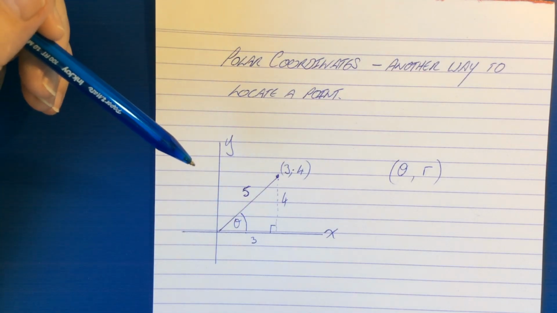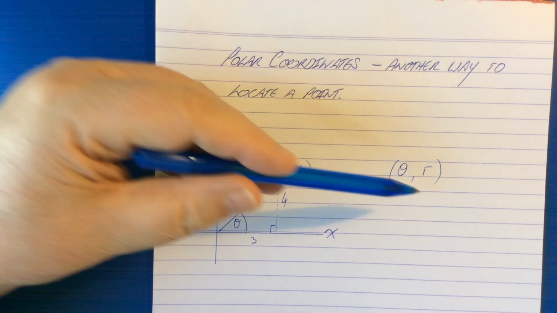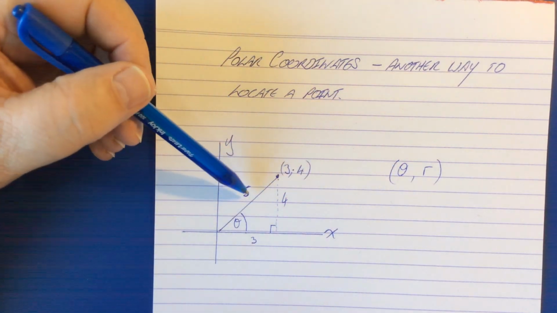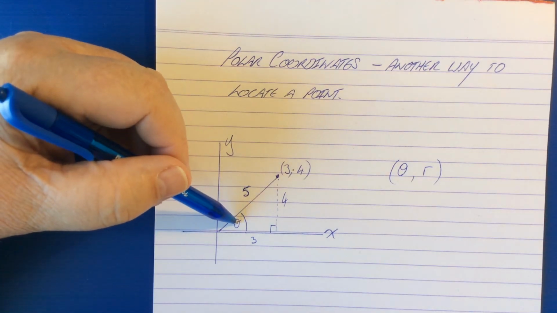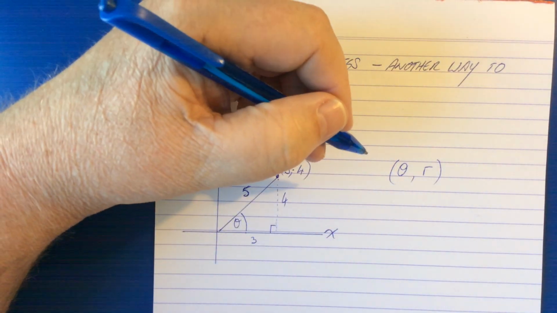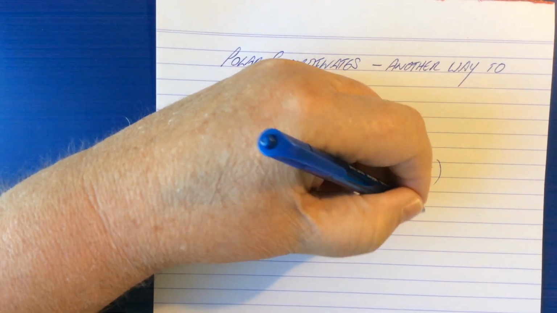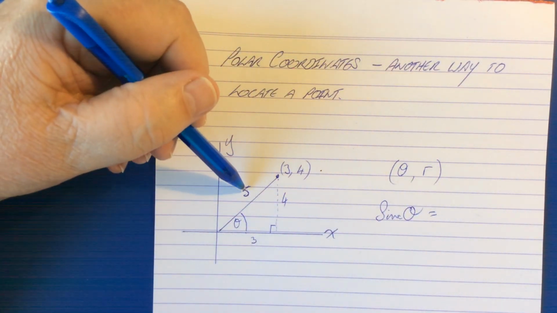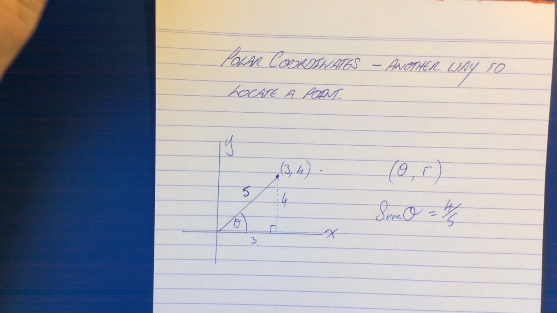So, let's go to work. What we're interested in is this and this. Now, we know this, we've got to find this. So, let's say that our angle theta, let's go for a sine. The sine of theta is equal to the opposite over the hypotenuse. In this case, 4 over 5.